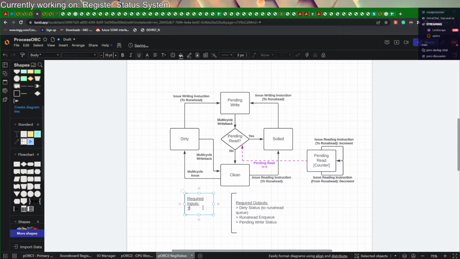Word inputs. A pending read. B pending read. Okay.